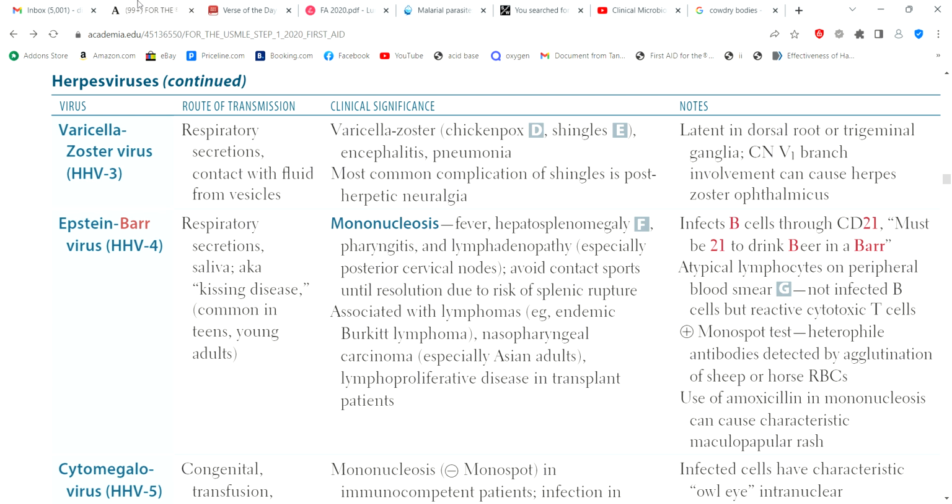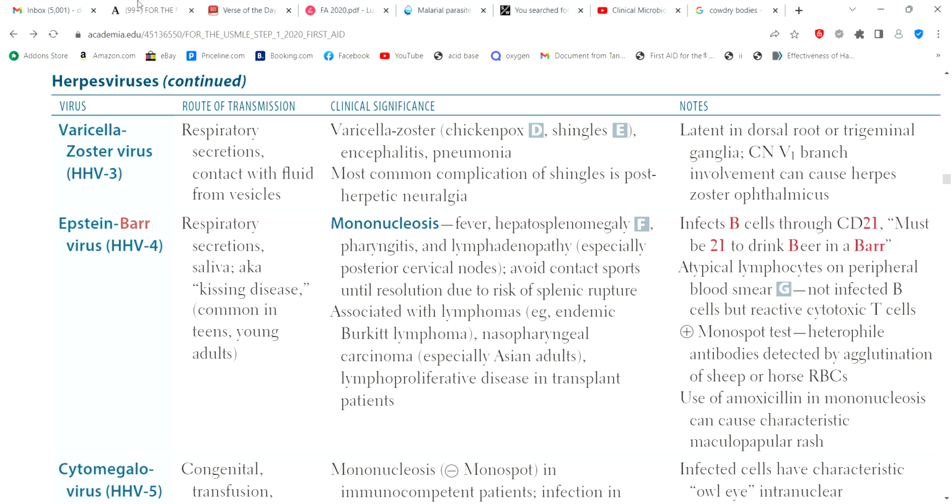So post-herpetic neuralgia is a long-lasting pain in the areas of your skin where you had shingles. Shingles is already super painful.